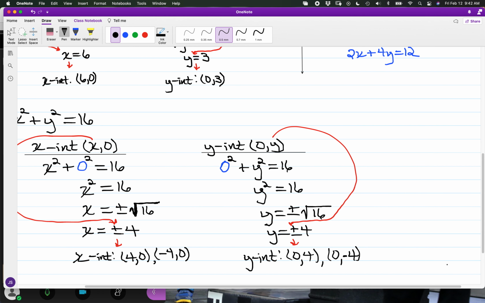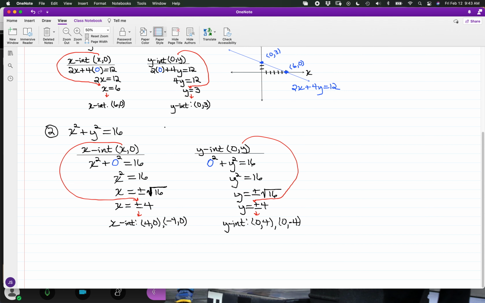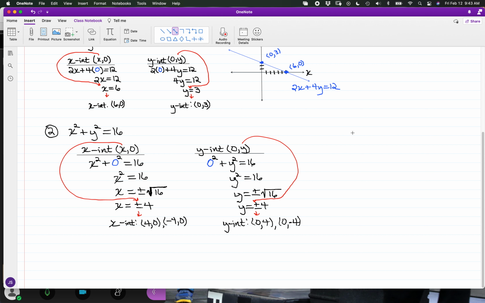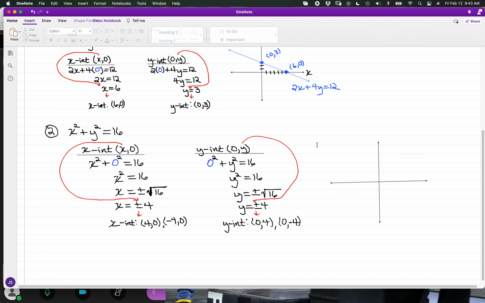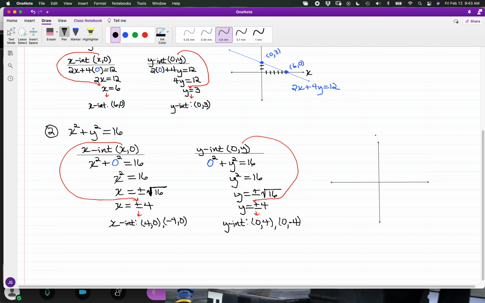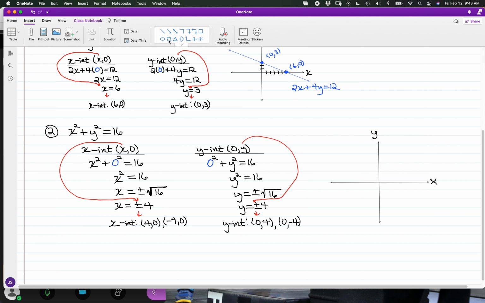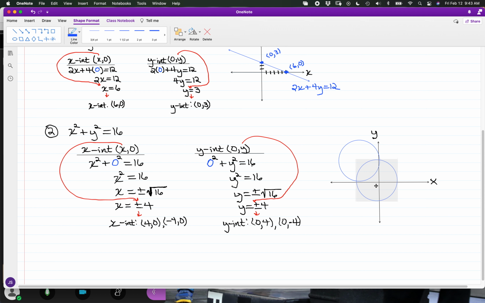And just providing a visual once again, for what we have in the case of x squared plus y squared is equal to 16, for this particular equation, this is going to represent a circle that is centered at the origin and whose radius is 4.